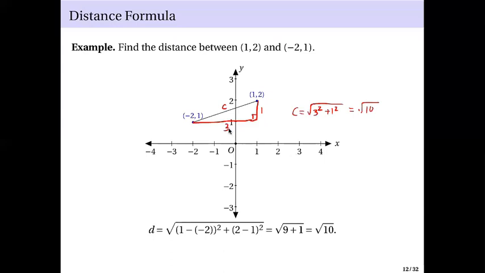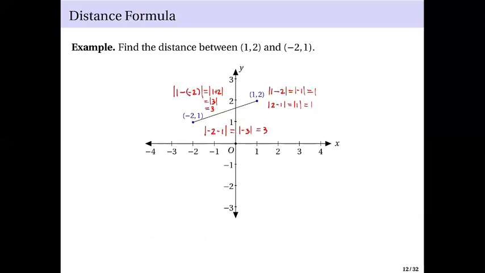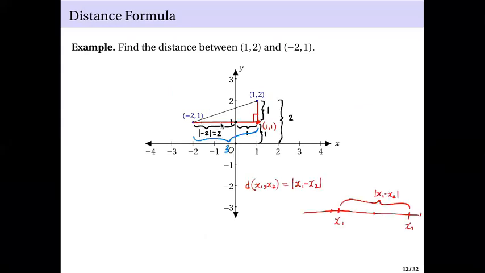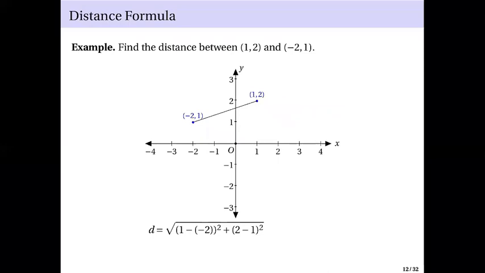So with this formula, you don't need to draw this right triangle and get the length of this base or the length of this altitude and then do your Pythagorean formula. No, you don't have to do that. You just have to check the x coordinates and the y coordinates to get the distance.